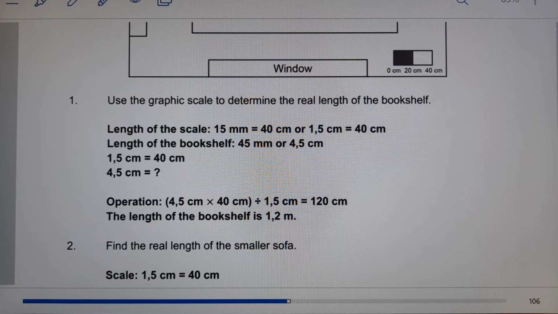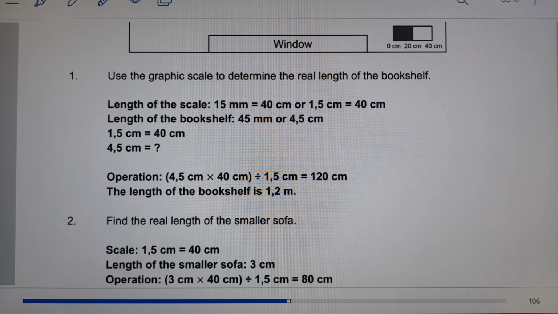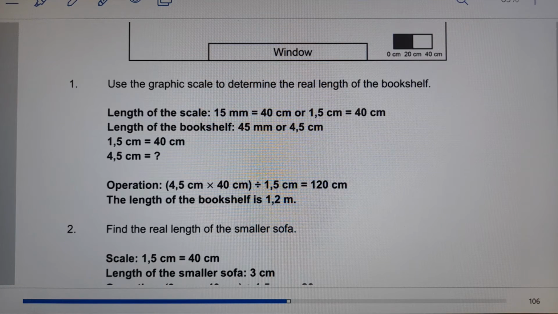The scale is still the same. Now I find the length of the smaller sofa. So this will be my map distance. So my map distance multiplied by my map scale, I'm going to get my real distance, which will be 120 centimeters.